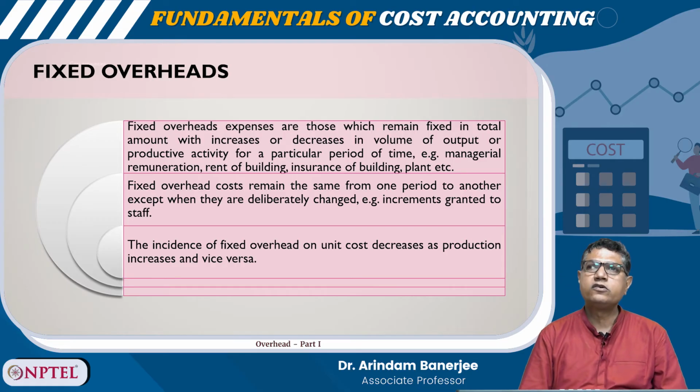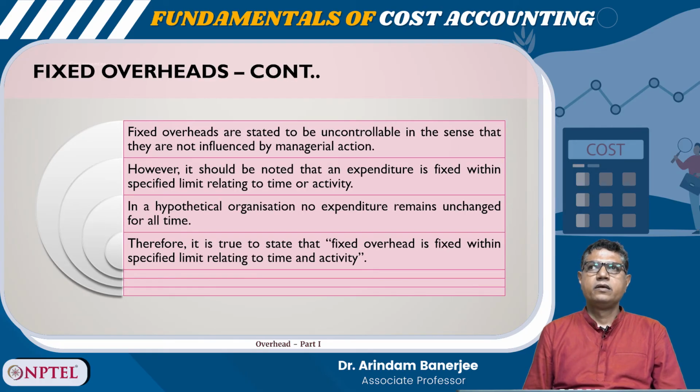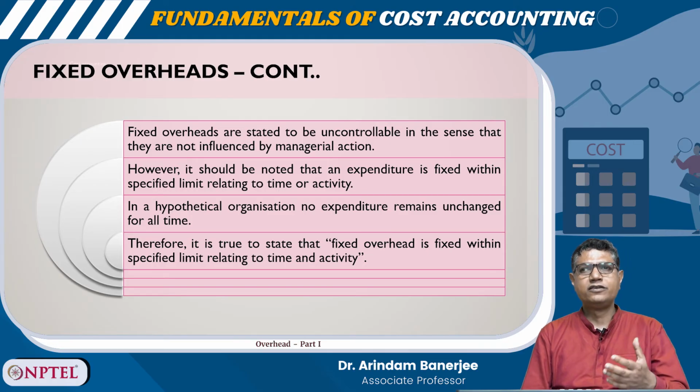The fixed overhead costs remain the same from one period to another, except when they are deliberately changed, that is, increments granted to staff. The incidence of fixed overhead on unit cost decreases as production increases and vice versa. The fixed overheads are stated to be uncontrollable in the sense that they are not influenced by managerial decision, at least in the shorter run.